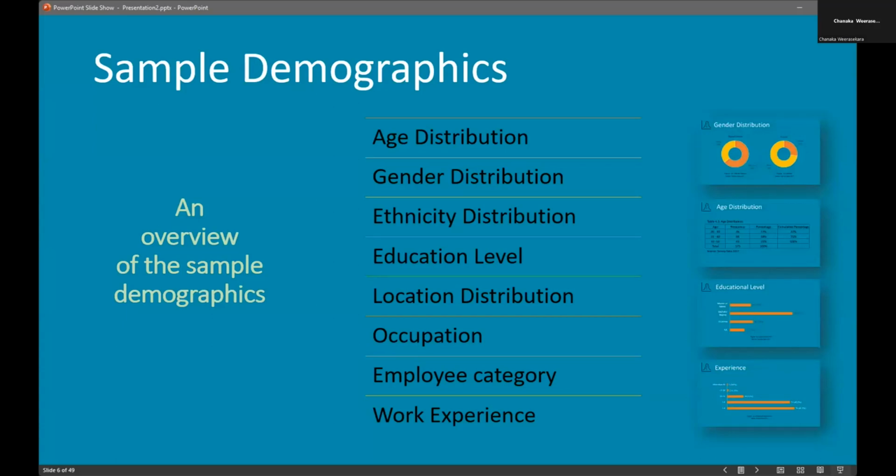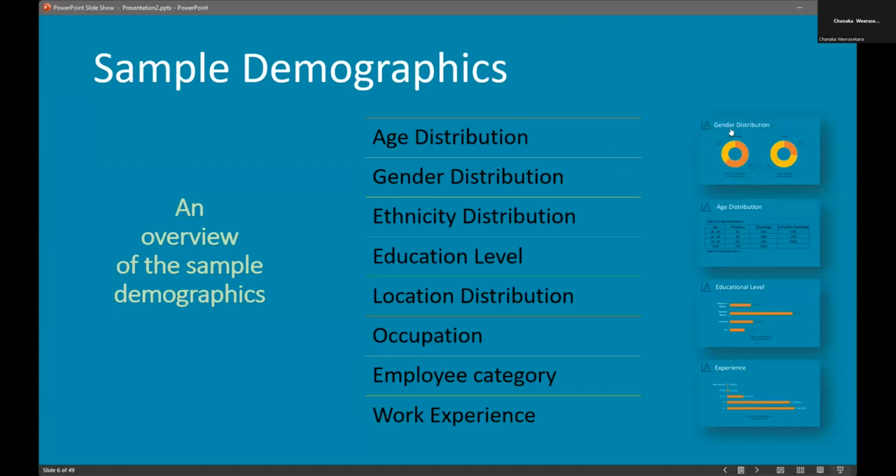Therefore it is so important for a reader or a researcher to understand the demographic data of the sample, right? Okay, so let me go one by one here. I have given some examples. If you have any questions, you can already ask them.